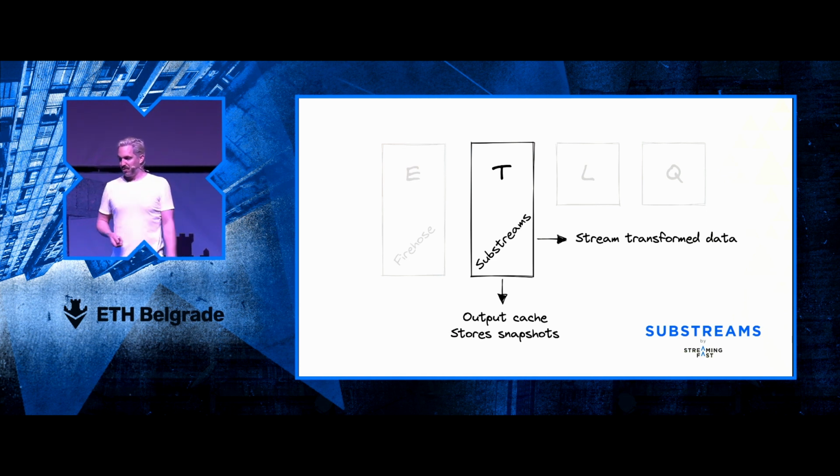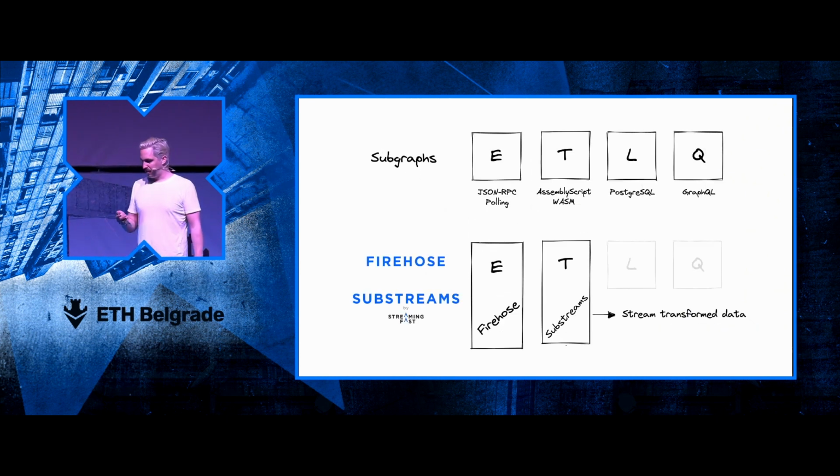And that's what substreams basically do. It's like taking the data and refining it with modules that we can run in parallel, and also increase the speed. And in the end, we have transformed streams of data. So that comes up with this comparison.